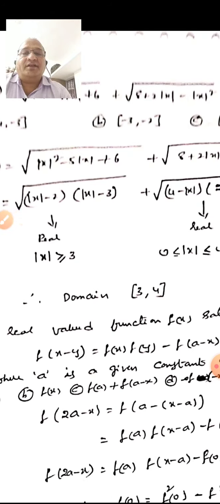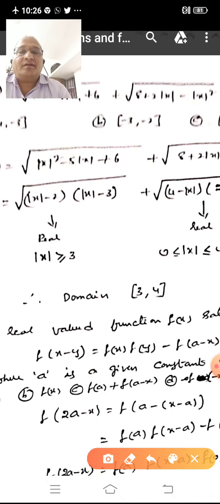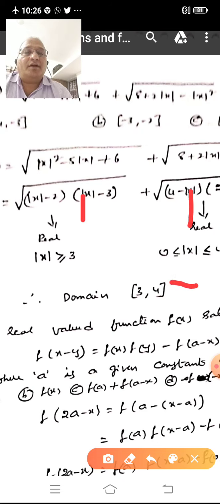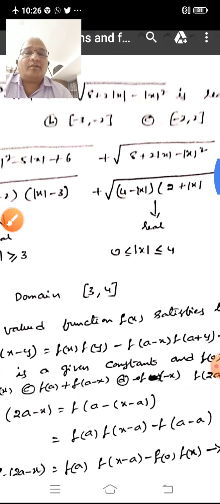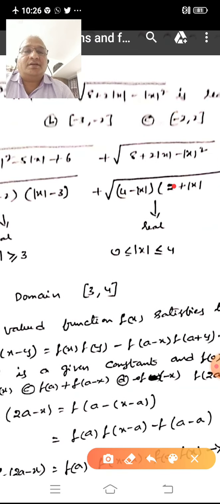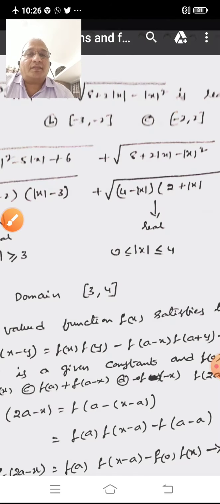If mod x is greater than 3, then this becomes real. This under root value will become real only when mod x is greater than 3, and this one is also real when 0 less than mod x less than 4.